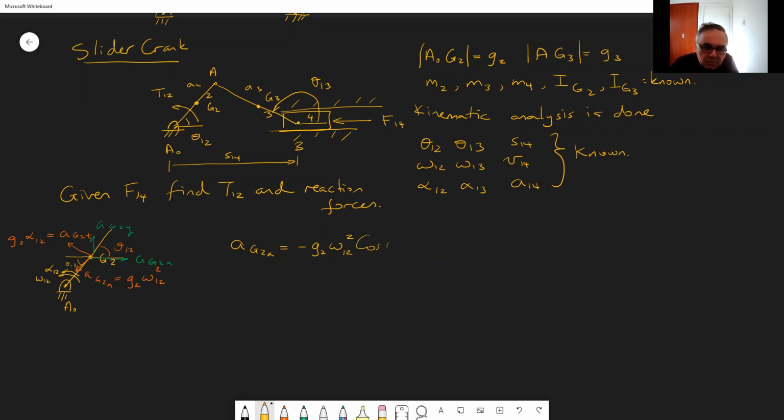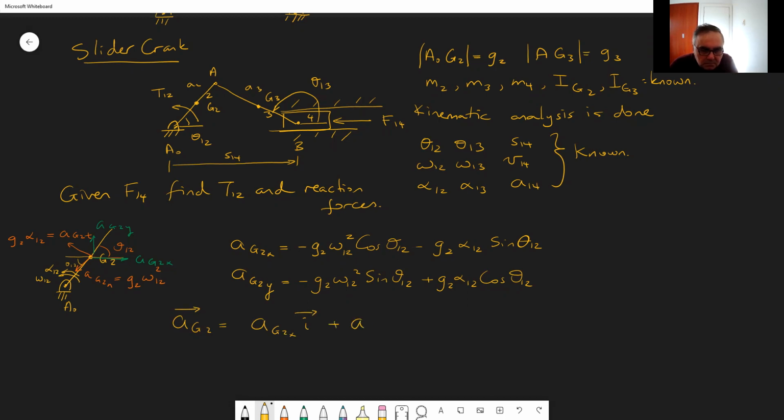So cosine theta 1,2 minus G2 So this is the acceleration of the mass center of link 2.